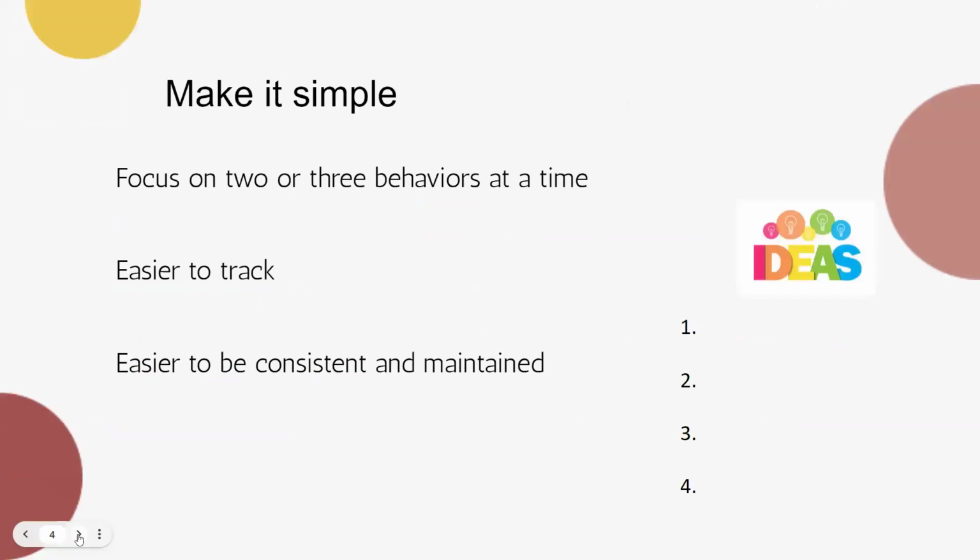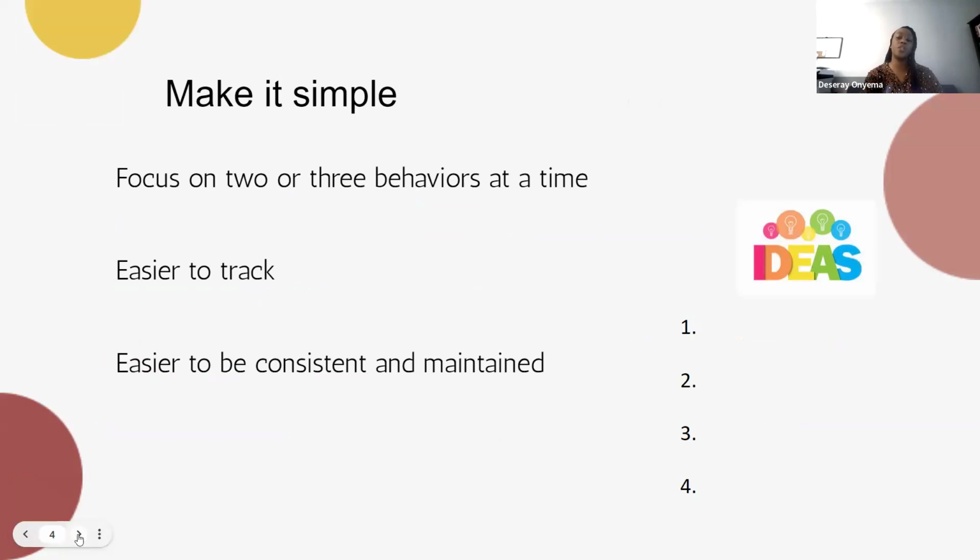Okay. And then we want to make it simple. This is important because you don't want to overwhelm yourself and you don't want to overwhelm your child. So the recommendation is to focus on 2 or 3 behaviors at a time. In some instances, you might be focusing on one, which we'll talk about different types of reward charts later on.